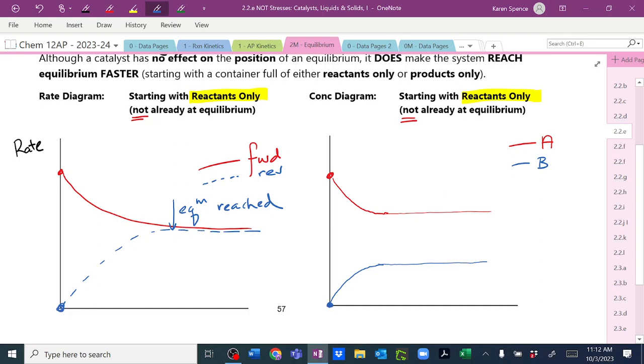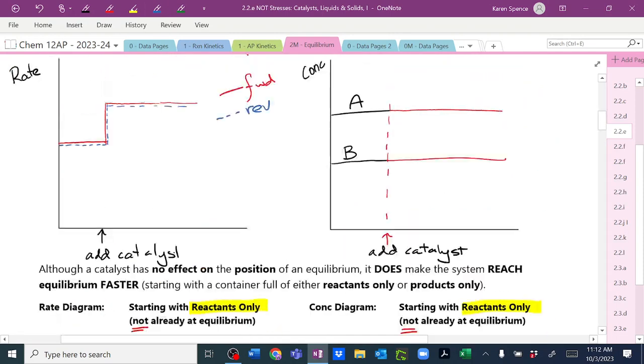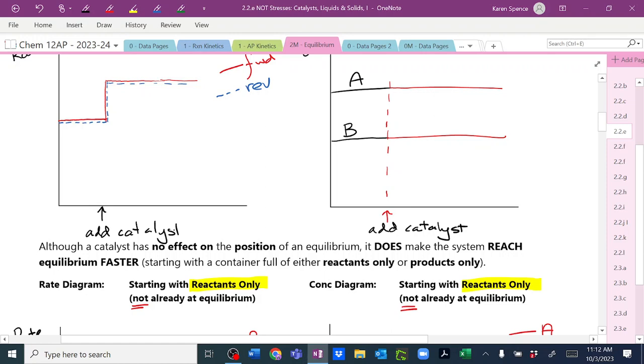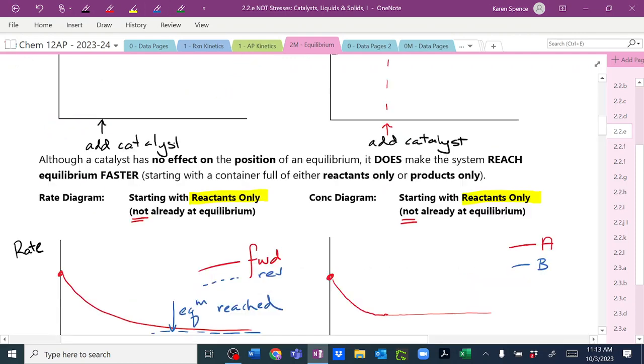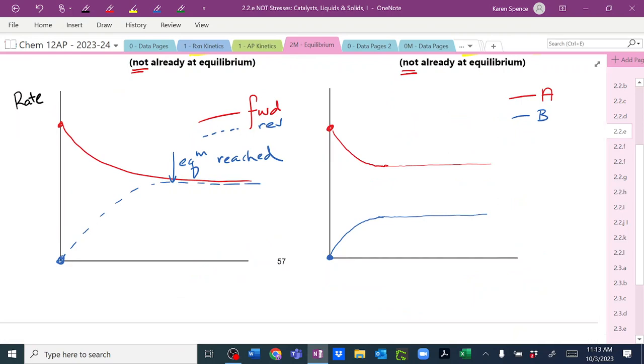Is it zoomed in? Oh, no, we're already at equilibrium here. So this diagram does not relate to the other diagram. Okay, yeah. Now, what if we added a catalyst?